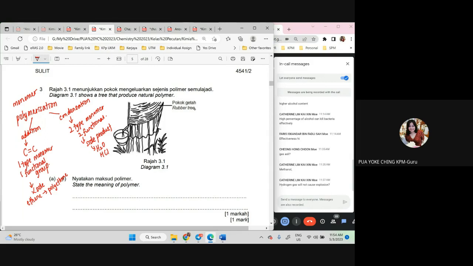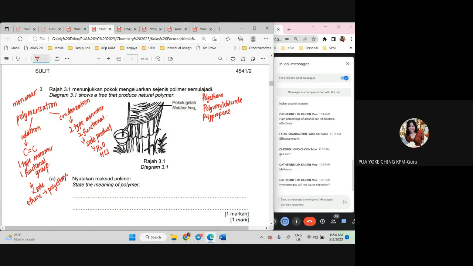Okay. Then in polymers, what are the types of polymer? Your polyethylene, your PVC, polyvinyl chloride, which is like your chapter 8 in Form 4. Your polypropylene.